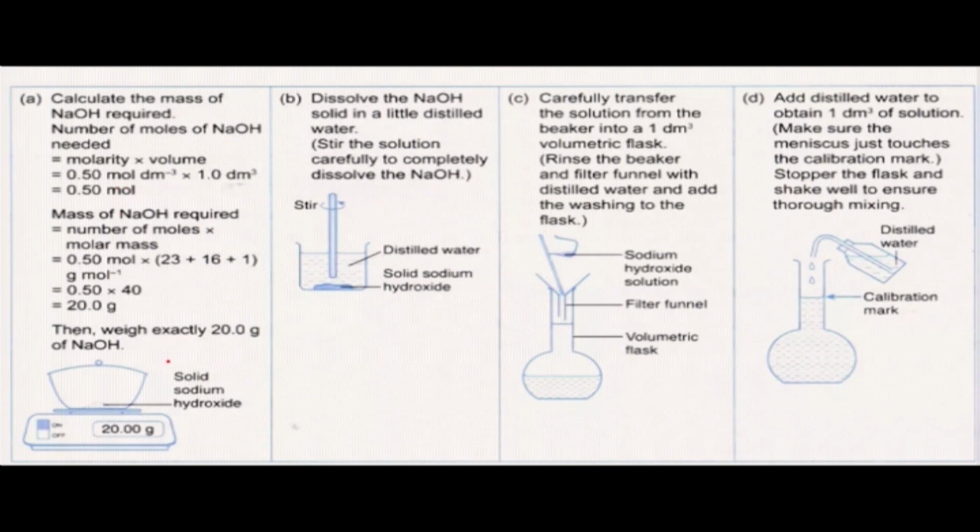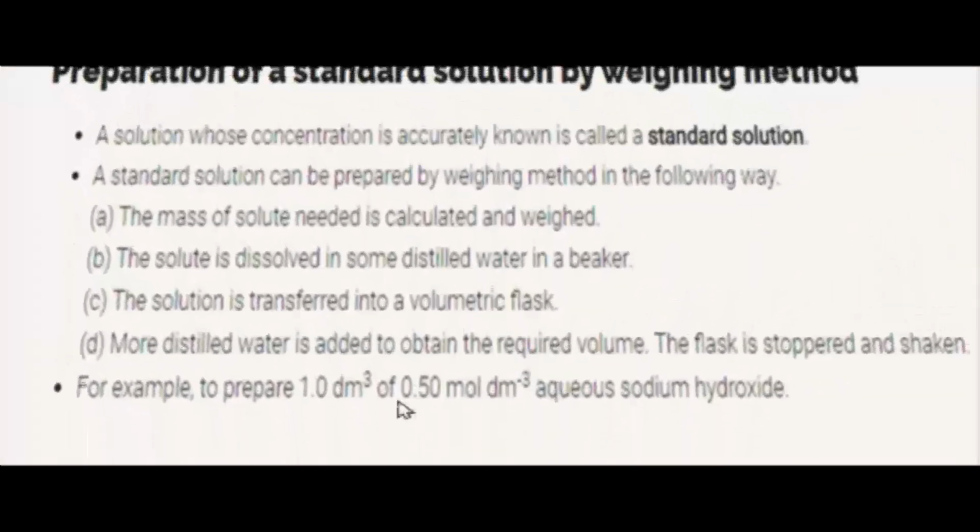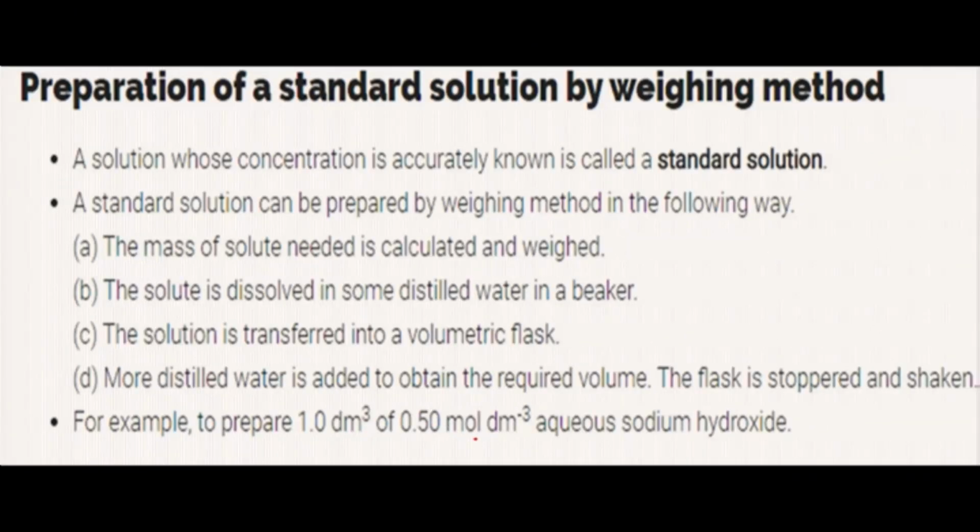Remember, we are making a solution of 0.5 mol per decimeter cubed. Prepare 1 decimeter cubed, that is 1 liter, of 0.5 molar aqueous sodium hydroxide. So what do you do?